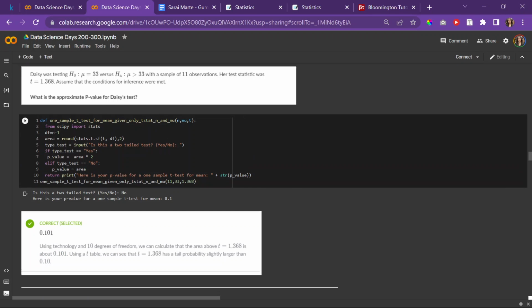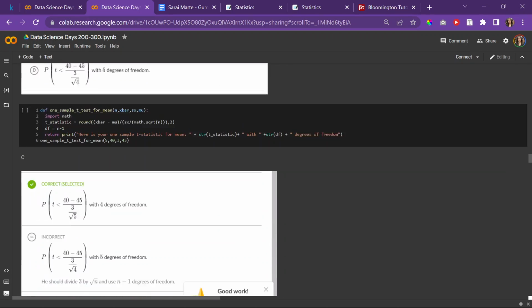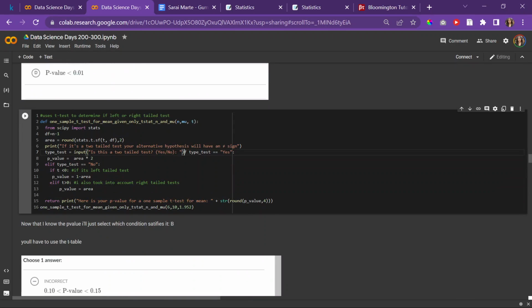1 sample t. Where's my stuff? I am so lost right now. Okay, I think it's this one. So I'm just gonna copy this. One second, this thing is frozen.